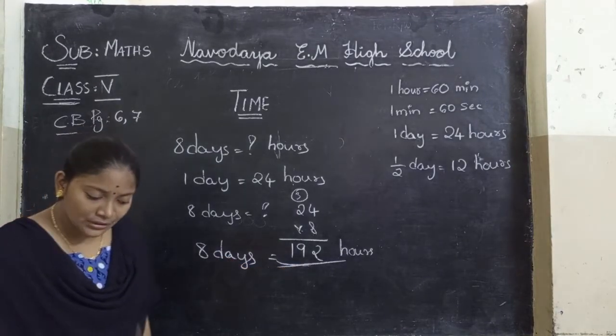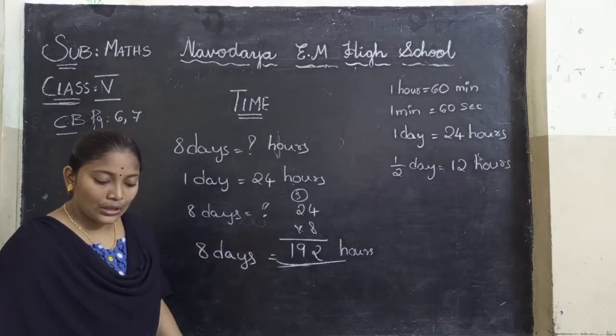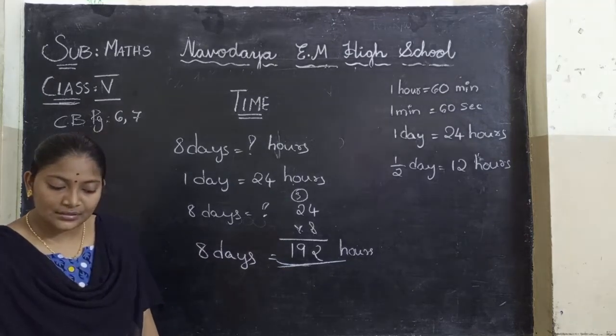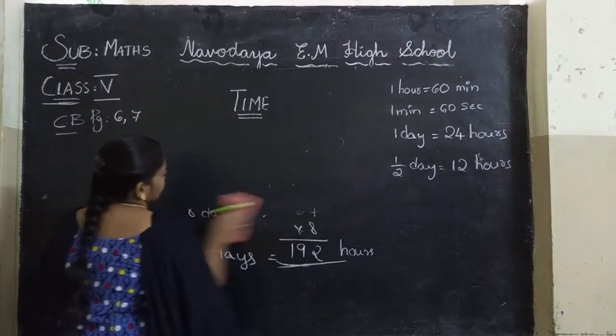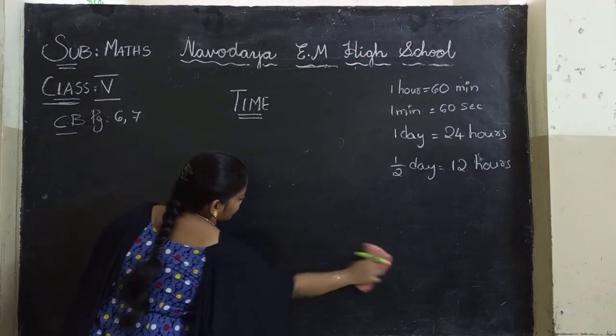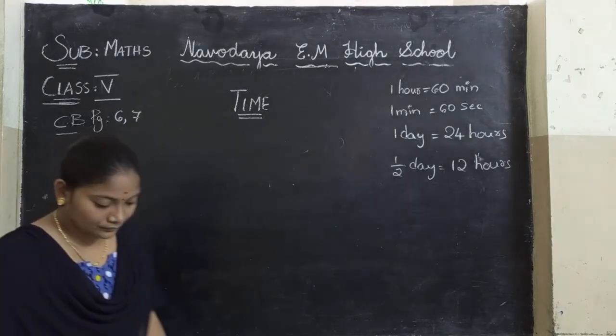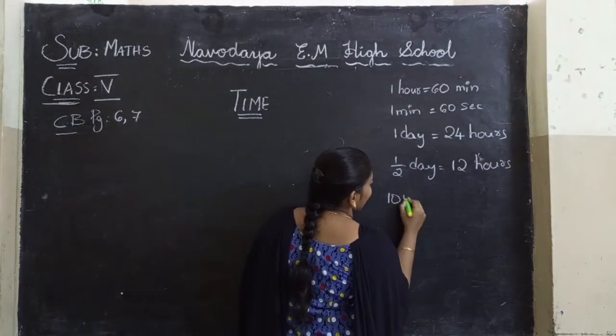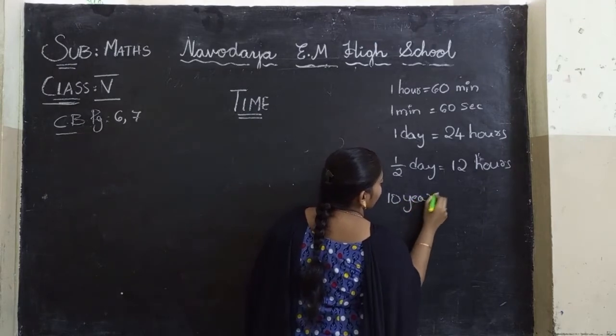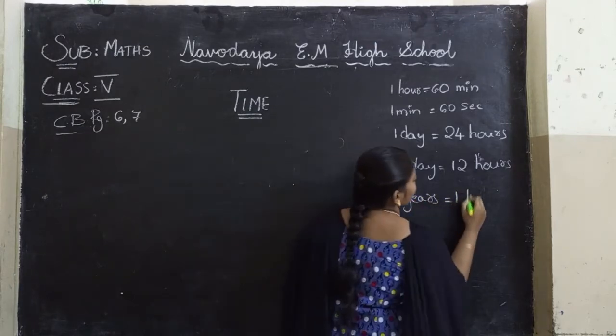Anu's grandfather is 70 years old. Convert the number of years into decades. 10 years is 1 decade.